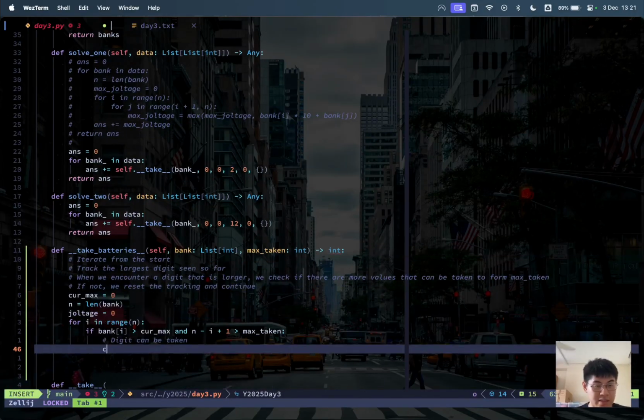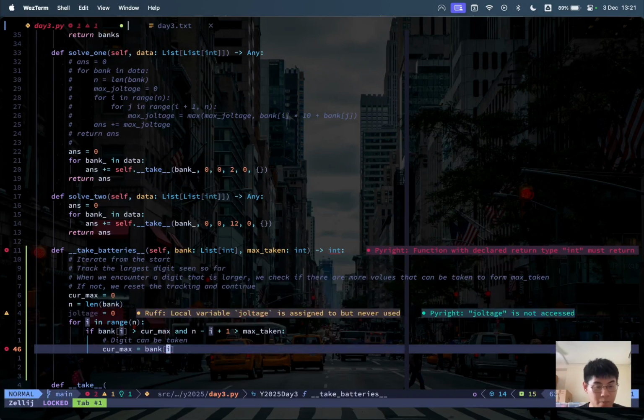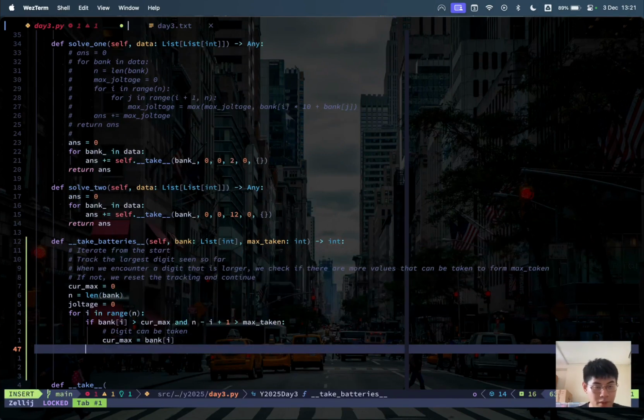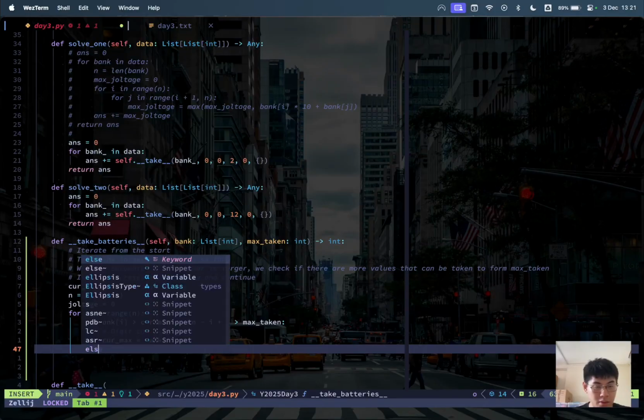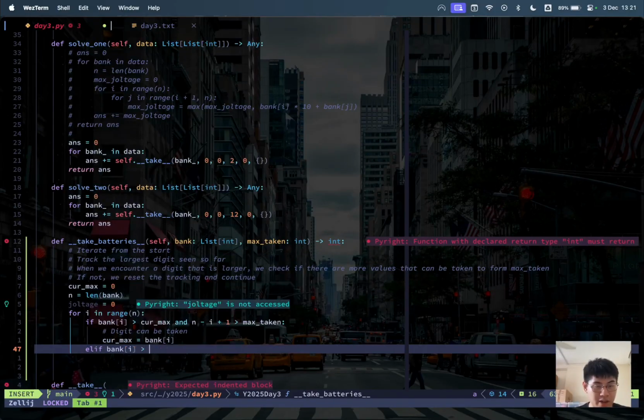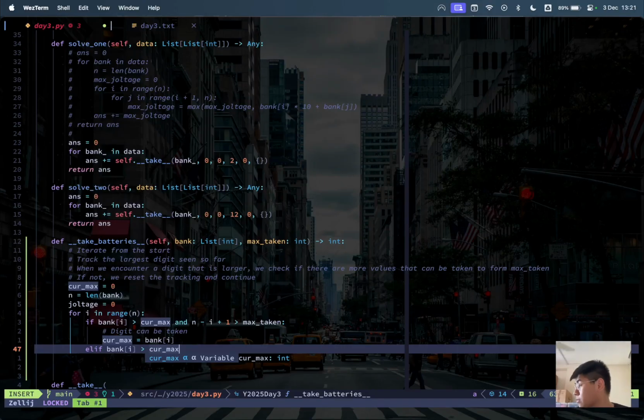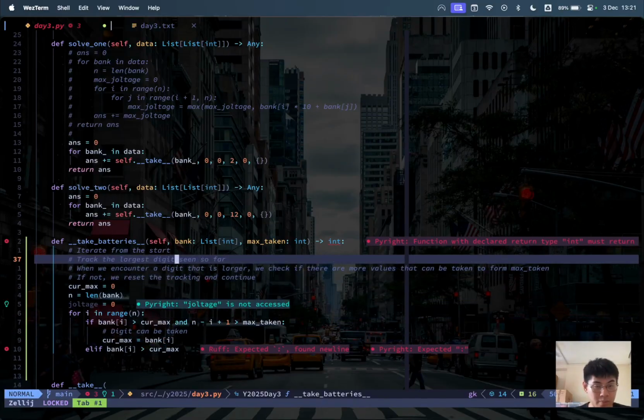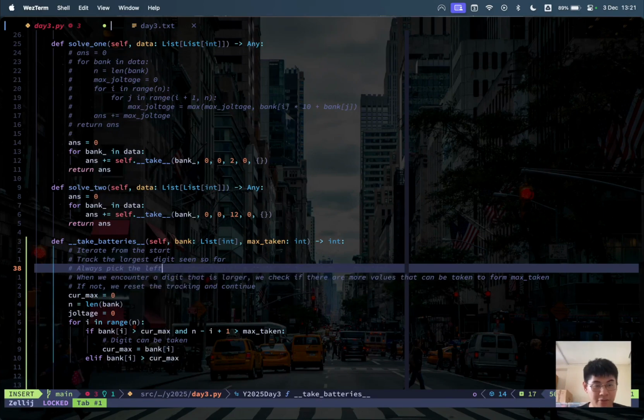So we say that the current max is equal to the bank of I. Otherwise, if the bank of I is greater than the current max, I guess what we always want to do as well is pick the leftmost of this digit where possible, because that gives us the most amount of remaining space. So we always pick the leftmost largest digit in any consecutive group.